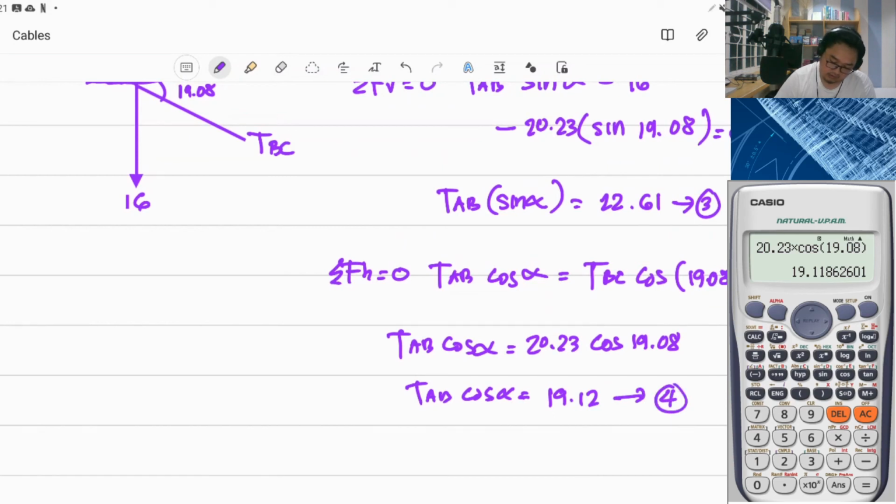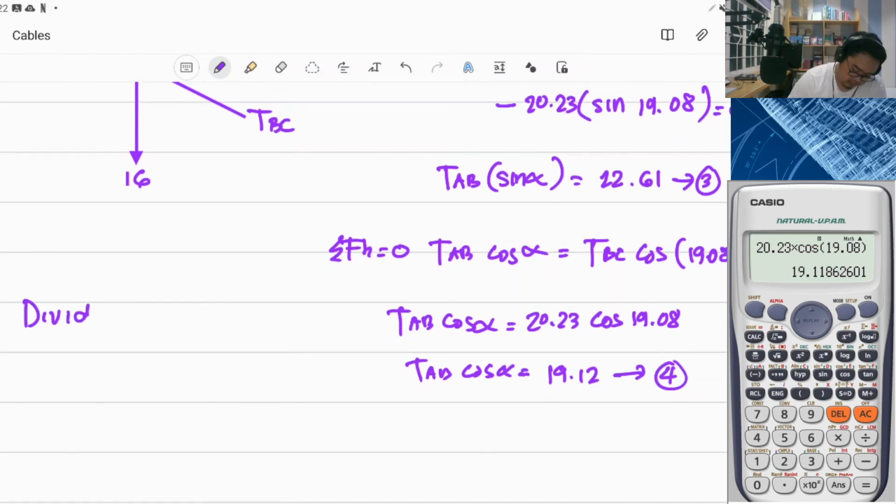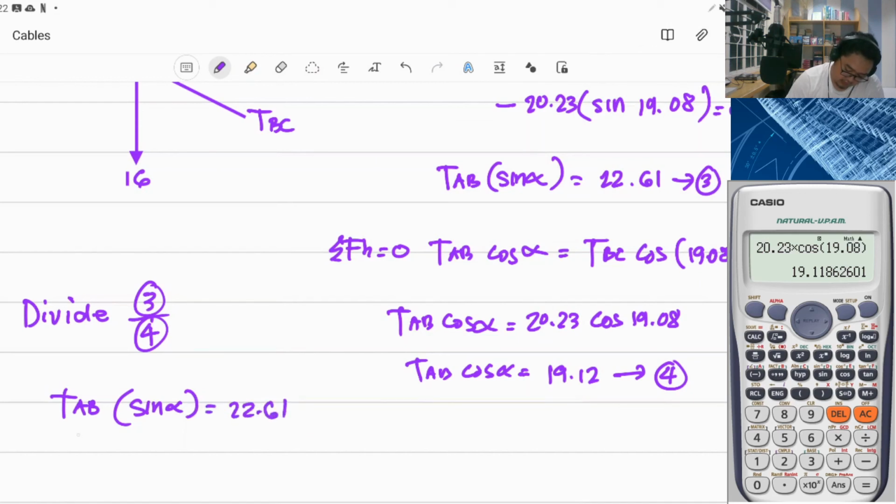Okay, so divide 3 over 4. So this becomes TAB sine of alpha equals 22.61 over TAB cosine of alpha equals 19.12.